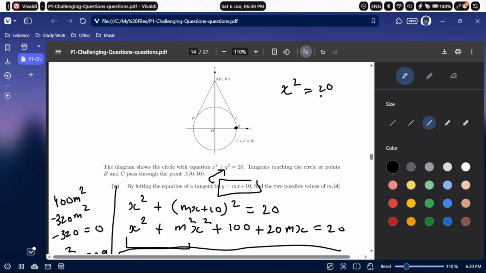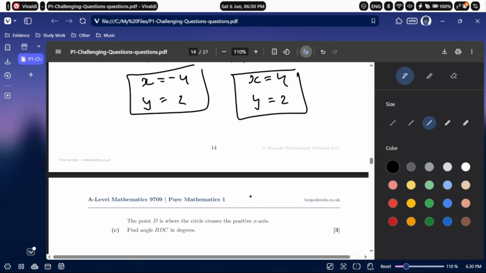If you take the root, you'll get plus minus root 20, which is 4 into 5, so 2 root 5. But you consider the positive one because it's in this quadrant, right? So you get x is root of 20. That's the x coordinate of D.